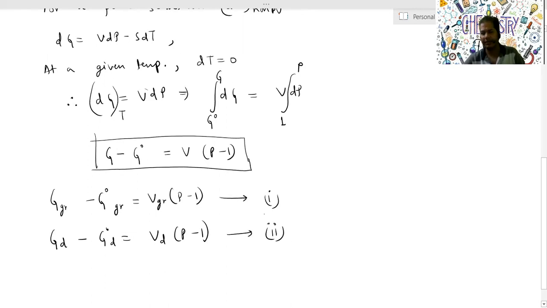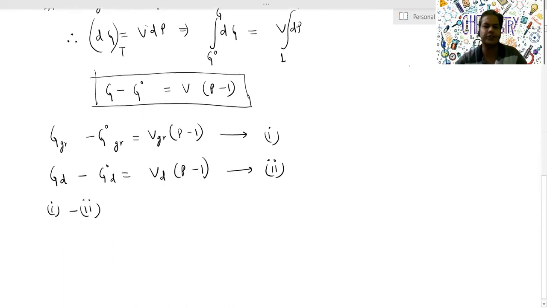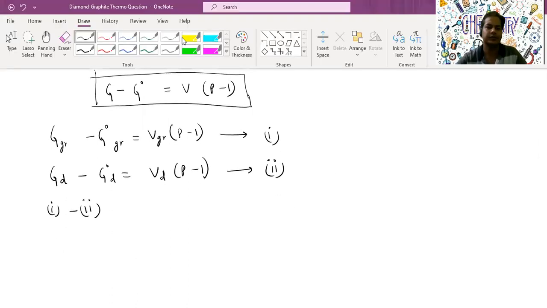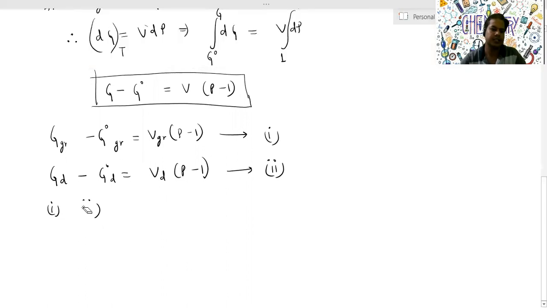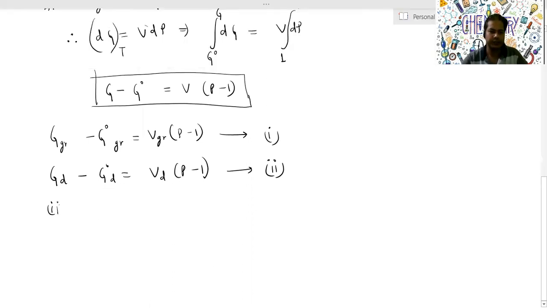Okay, why are we doing this? Clarity will come shortly. Now let us subtract these two equations. Let us do equation 2 minus equation 1.